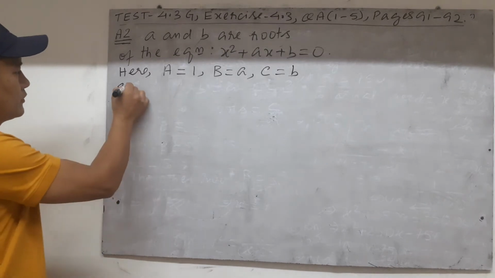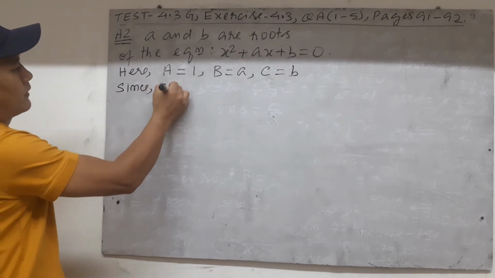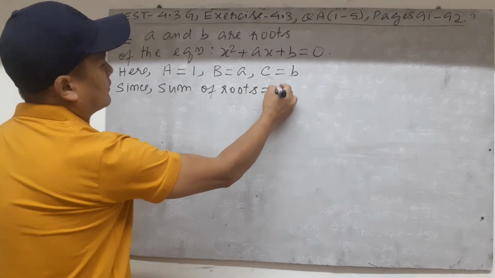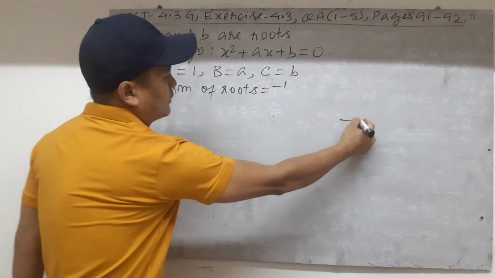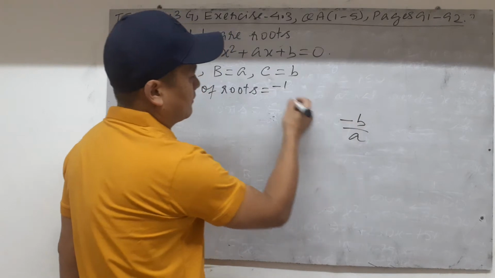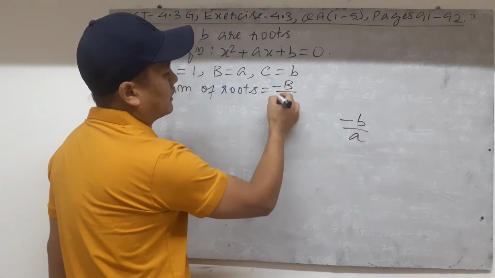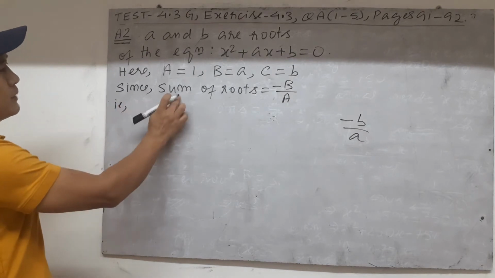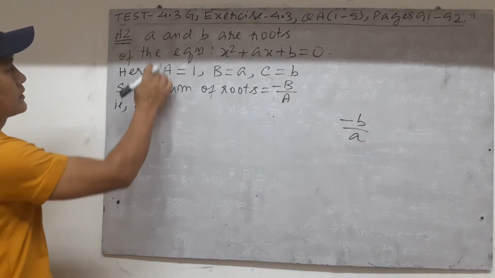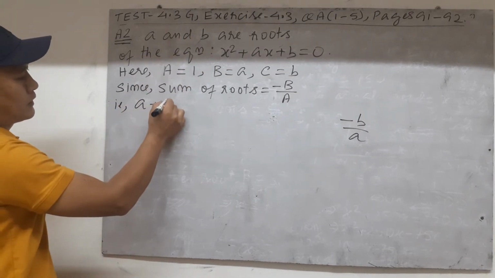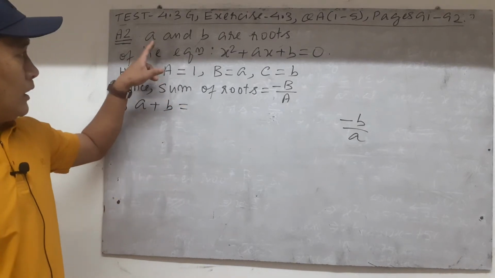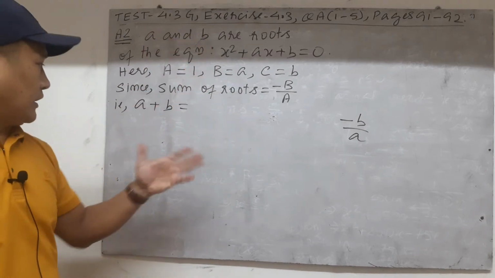Now since we know the formula for the sum of the two roots of any quadratic equation is minus b by a, but here we're using capital, so minus B by A. So that is the sum of roots, first root plus second root. Previously we were using alpha and beta, but the question has specified it, so we have to use a plus b.